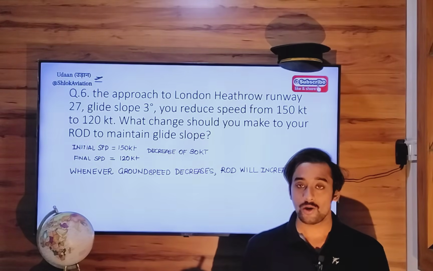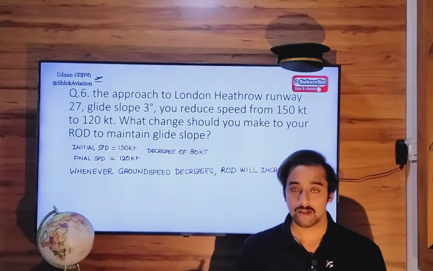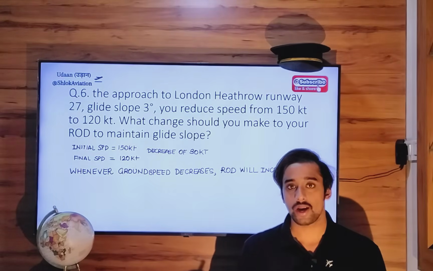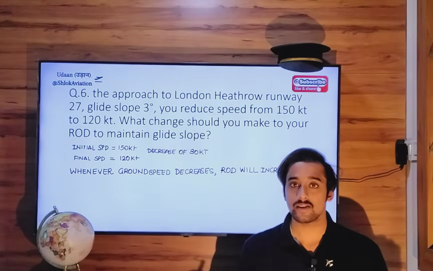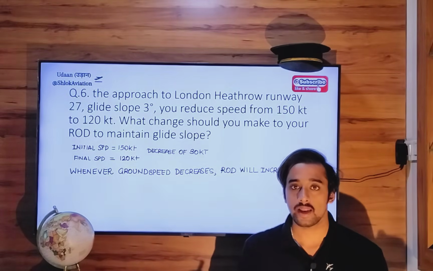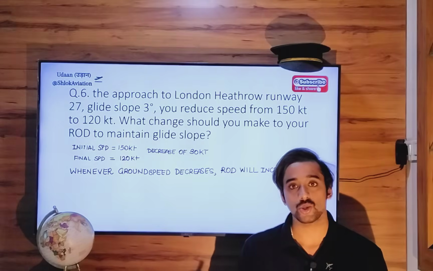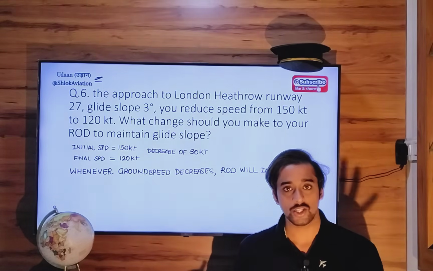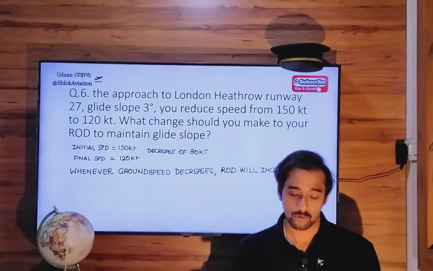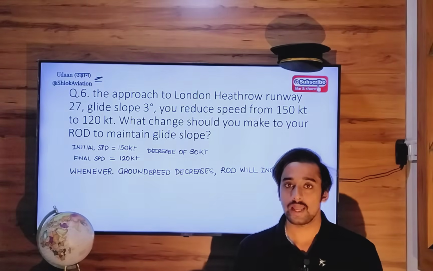In order to prevent that from happening, the pilot should control his rate of descent so as to maintain the 3-degree glide path. Otherwise, he will deviate from the 3-degree glide path and undershoot the runway. So whenever ground speed decreases, either due to headwind change or pilot inputs, rate of descent will increase.